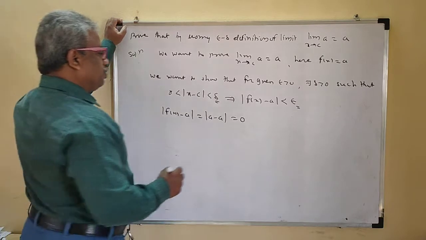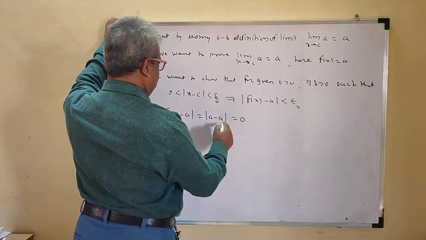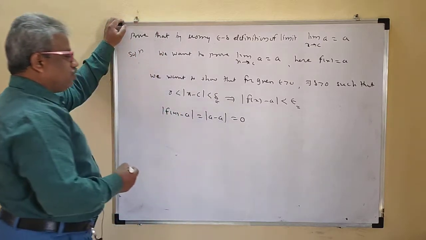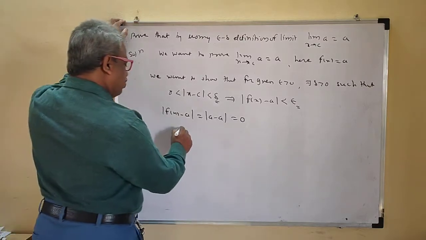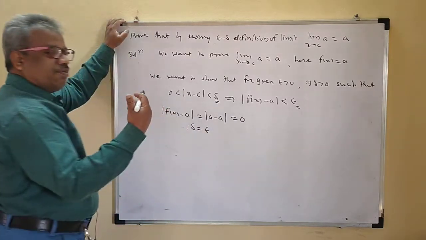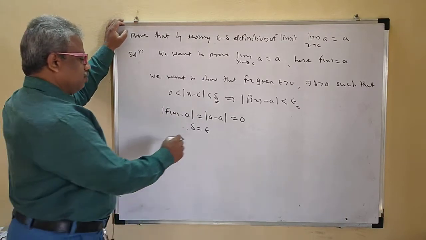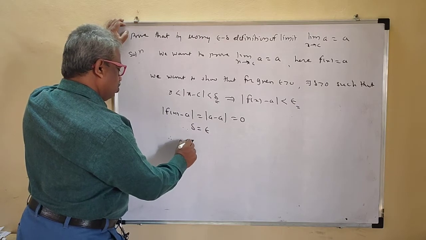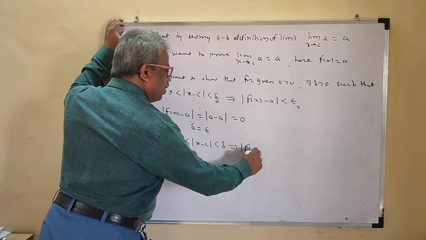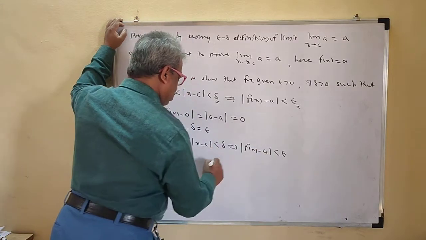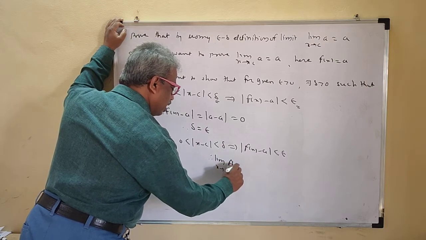That means you do not get c here. Therefore you may take delta equal to epsilon. For every delta, this exists. So therefore, with delta equal to epsilon, 0 less than mod of x minus c less than delta implies that mod of f(x) minus a is less than epsilon. So therefore the limit as x tends to c of a is equal to a.